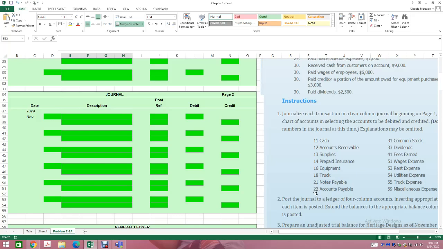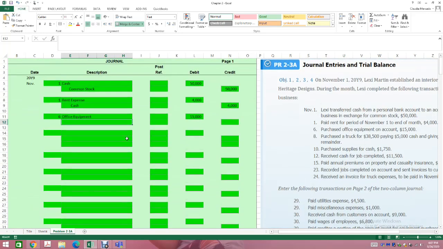Anything that starts with a 2 is a liability. 3 is stockholders. 4 is revenue. 5s are expenses. So that's how they're categorized. So my 2s are my liabilities. So you bought something on account, we're going to use accounts payable for $15,000.